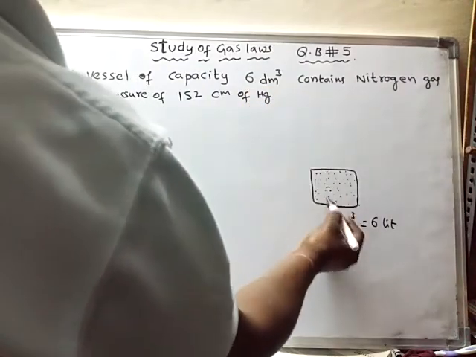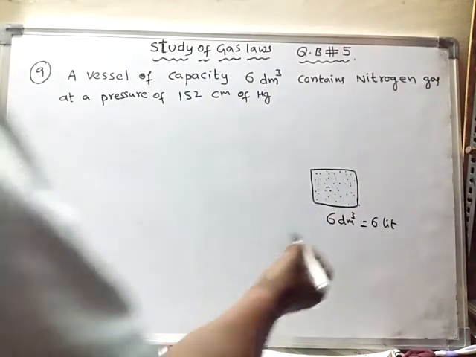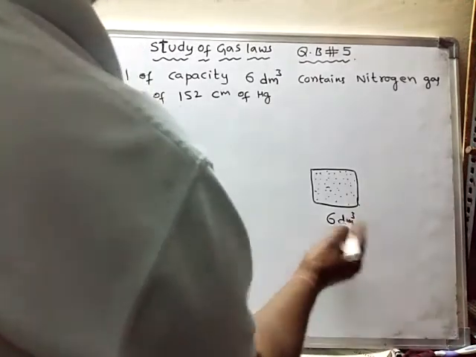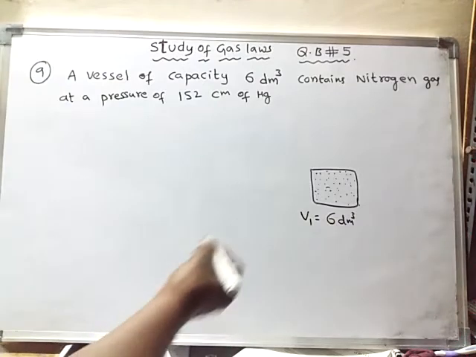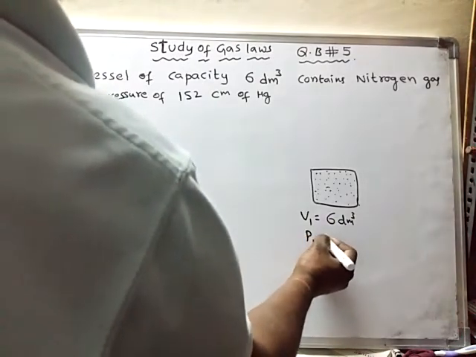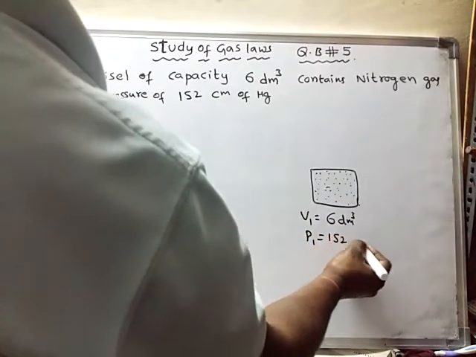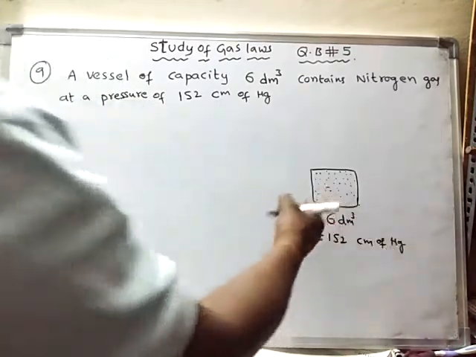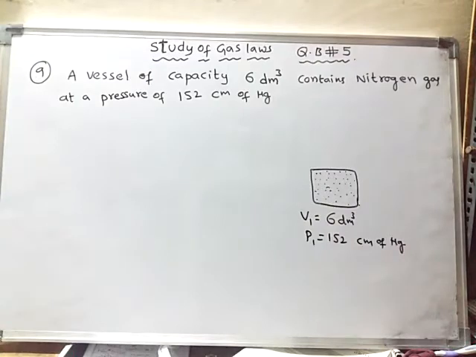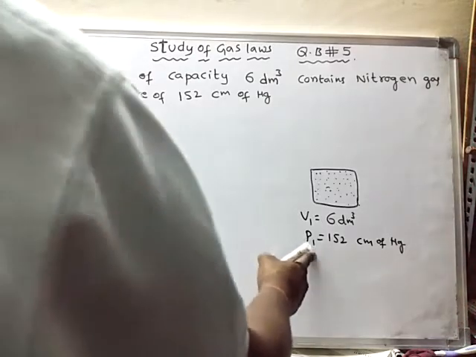See how much pressure is present inside this one. The volume is 6 decimeter cube, and the pressure is 152 centimeters of mercury. So the nitrogen gas is under this much pressure.